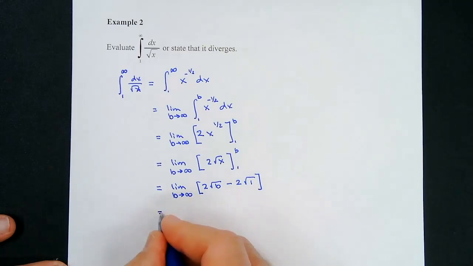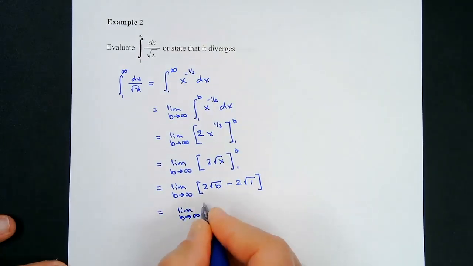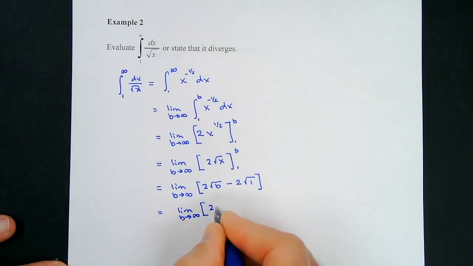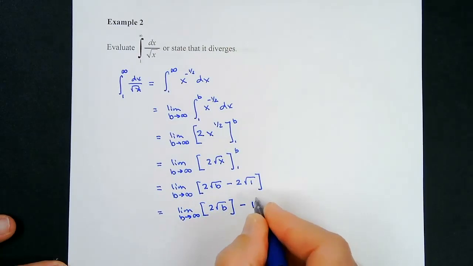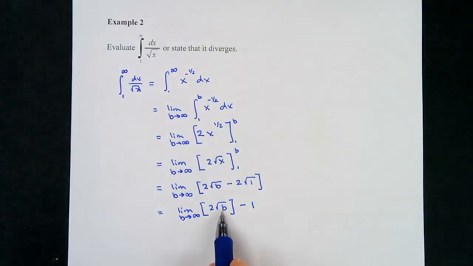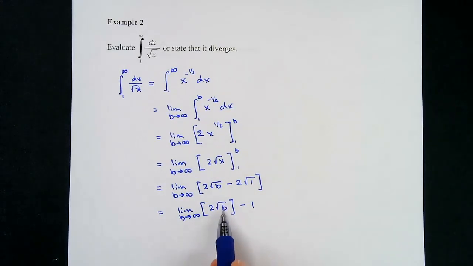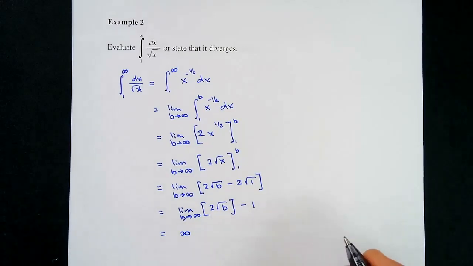So this really becomes the limit as b approaches infinity of 2 square roots of b minus 1. And if b goes to infinity, well, as the input gets bigger and bigger, the square root function gets bigger and bigger, right? And this minus 1 is really insignificant. So this is going to go to infinity also, which means this integral diverges.